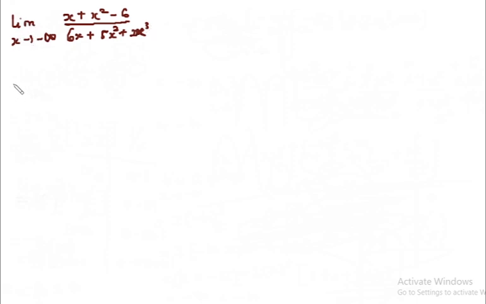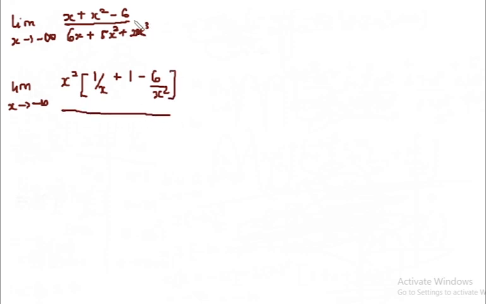So to do that, I'll simply rewrite this as the limits as x approaches negative infinity. So the highest degree term here is x squared. So this x squared, open brackets, as I factorize x squared from this, it becomes 1 over x plus 1 minus 6 over x squared, divided by, then you factorize 2x cubed here.